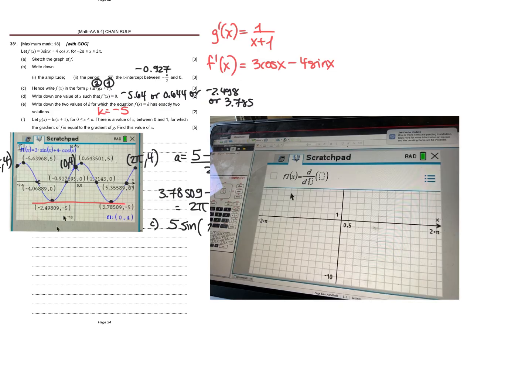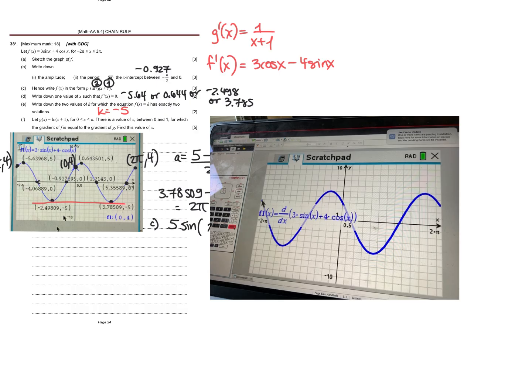So the derivative with respect to x of your original function, so 3 sine x plus 4 cosine x. So the original function. Okay, so this is graphing the derivative.